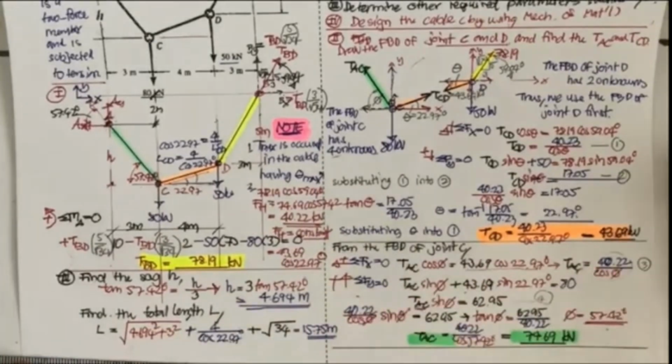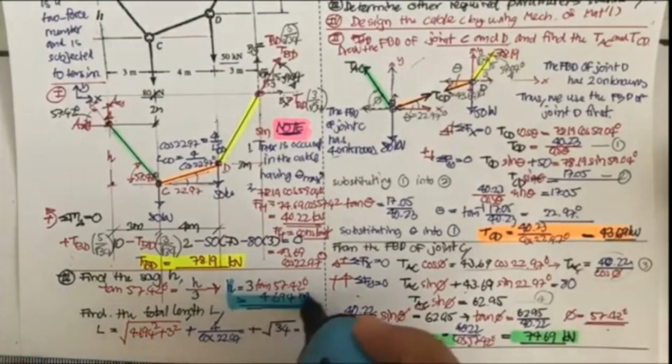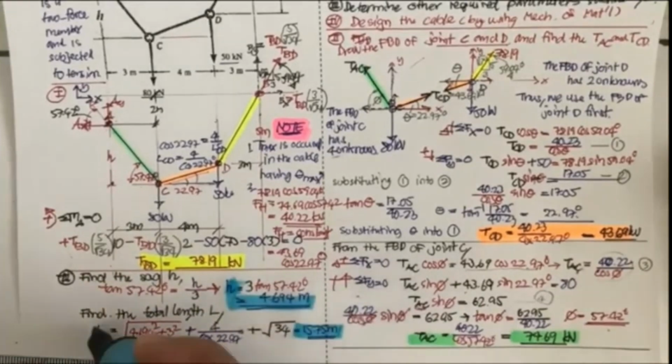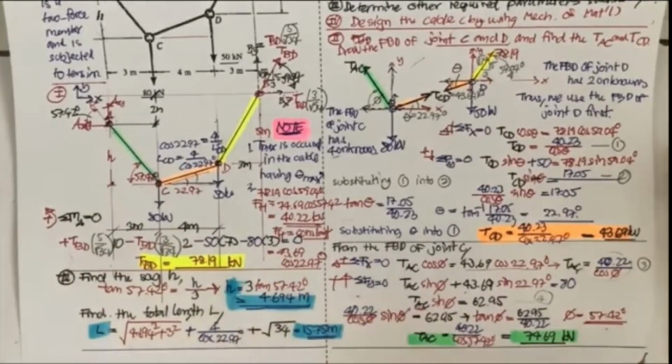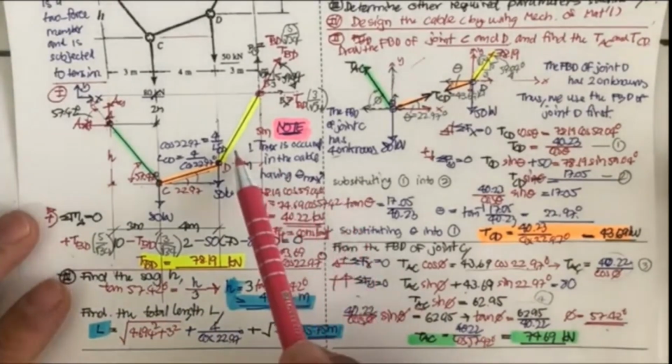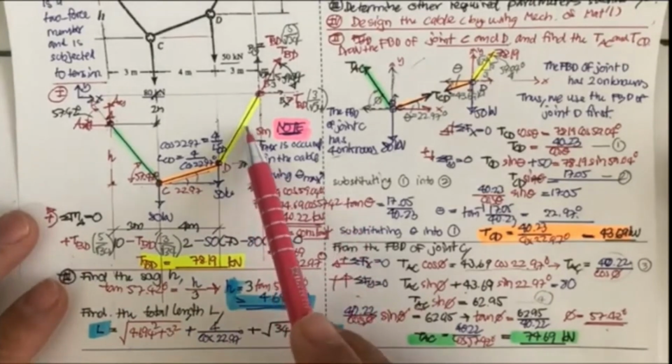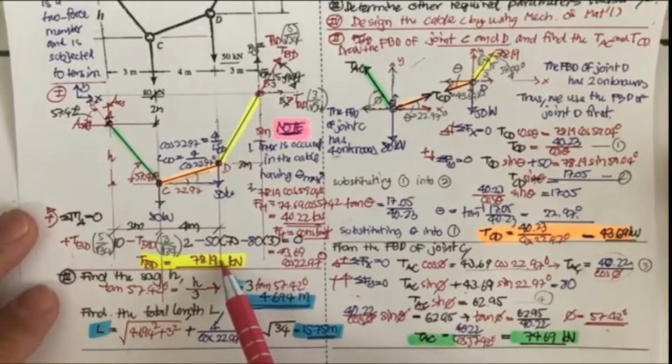Okay, we got something here. The H is here, and this is going to be the L. And the last one, they ask us to design the cable. When you design the cable, you're going to take a look at the Tmax. You got the Tmax of 78.19.